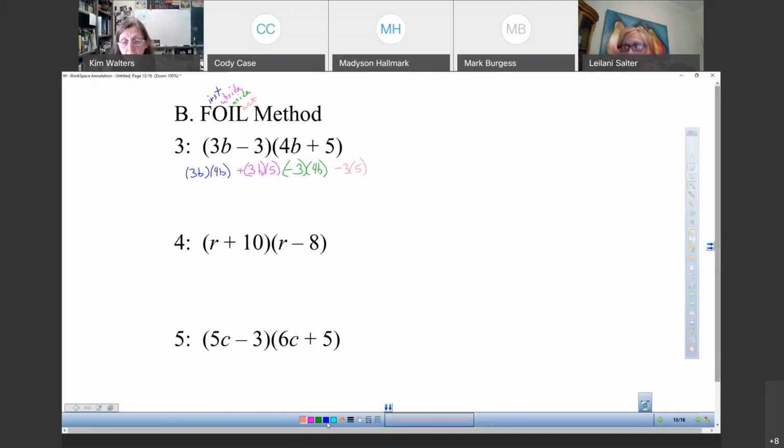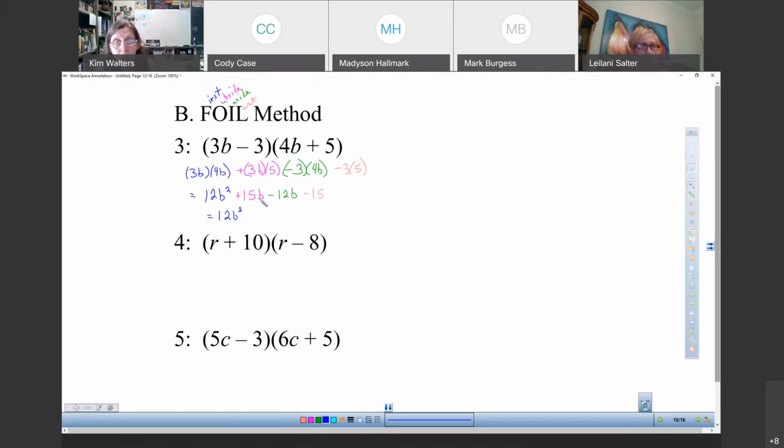Now let's clean this up. This is going to be 12b squared, plus 15b, minus 12b, minus 15. I have two like terms in here, so I'm not quite done.